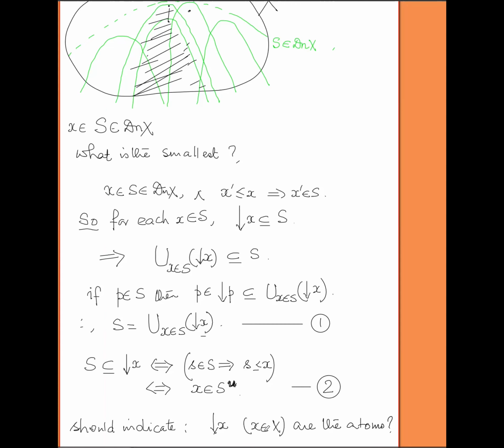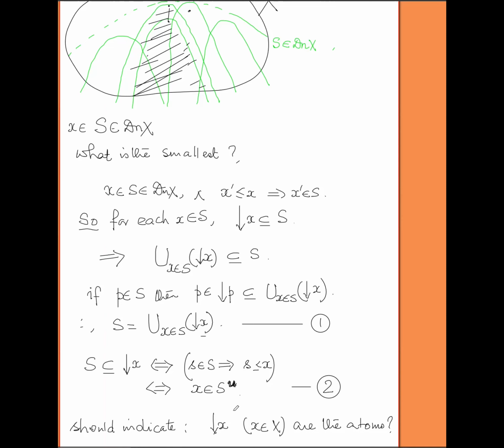Yeah. So again, it's a little bit of a gap over here. So the end story from this is that your downsets are built up from these things, which are often called the principal downsets or the atoms or whatever.